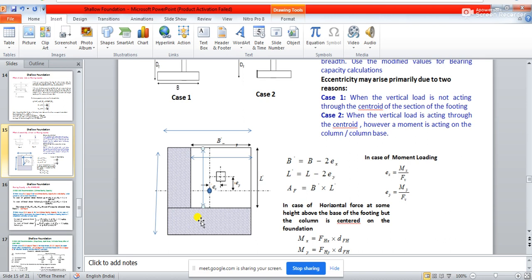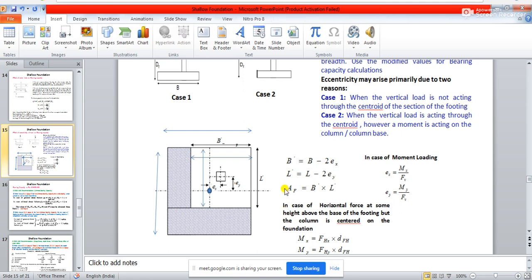The load carrying capacity ideally gets reduced because of the eccentricity, because both the effective length and effective breadth of the footing are reduced by an amount twice Ex in the breadth direction and twice Ey in the length direction.